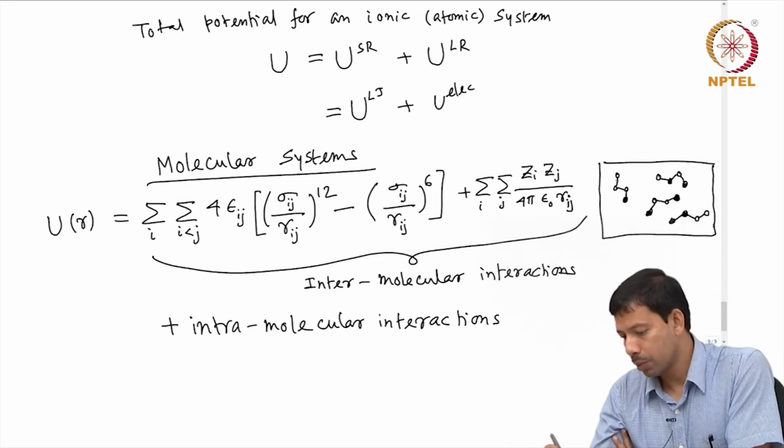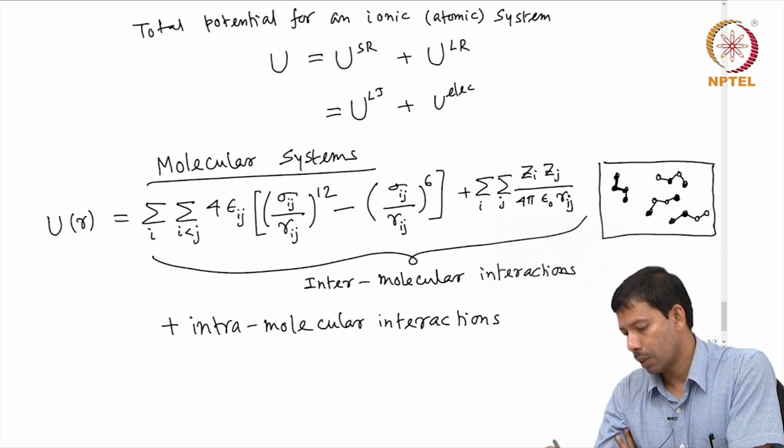Because in the molecule, we have bonds. This particle is connected to this particle by a bond. This particle is connected to this particle by an angle, and this particle is also connected to this particle by a dihedral angle.